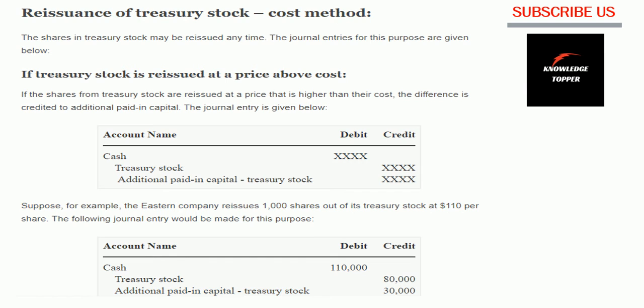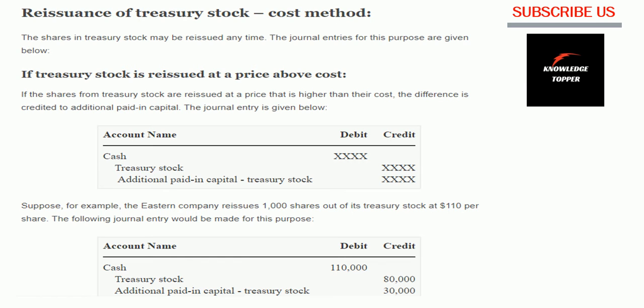Now let's take an example. Eastern Company reissues 1,000 shares out of its treasury stock at $110 per share. The following journal entry would be made for this purpose. You simply multiply 1,000 shares by $110 per share and you get 1,10,000 as your cash, which you must debit.